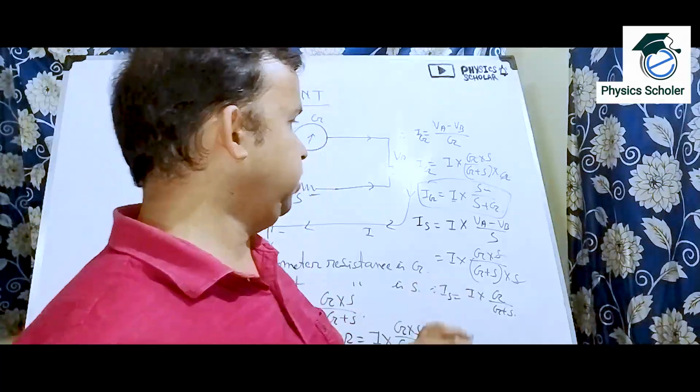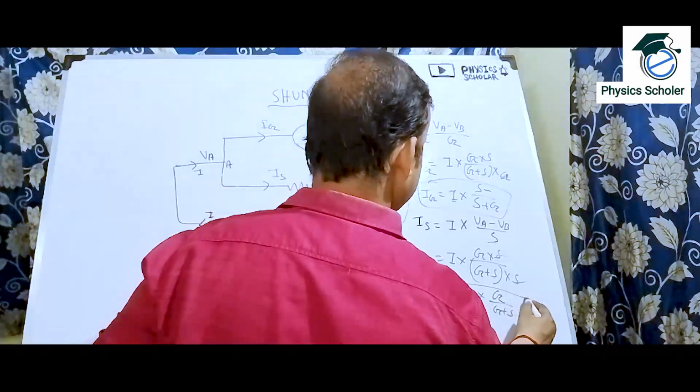This is how we can determine the flow to the galvanometer and to the shunt.